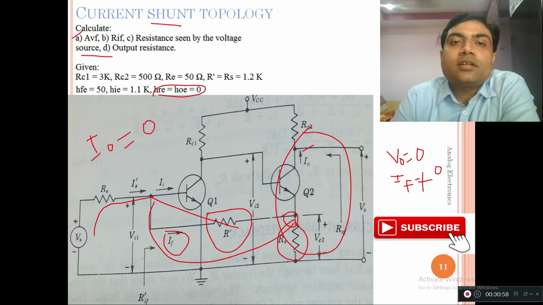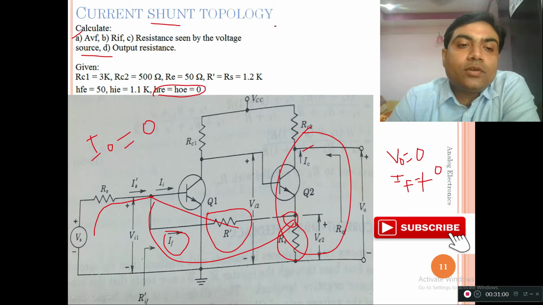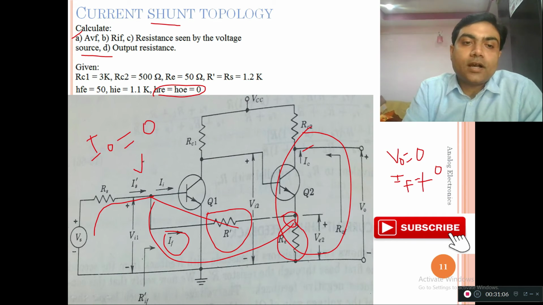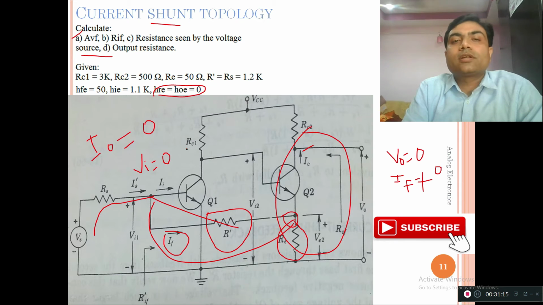But now, since it is shunt mixing, we are going to consider the input node voltage, that is Vi equals 0. So I have to make the input node short circuited.